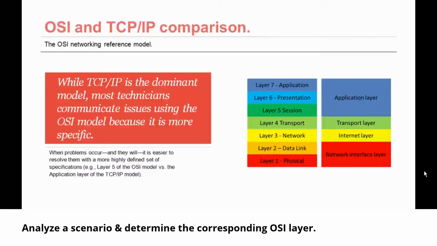When a problem occurs, and believe me, they will, it is easier to resolve them with the more highly defined set of specifications of the OSI model versus the specifications of the TCP IP model. It's easier to resolve an issue at the session layer of the OSI model than it is to track down what went wrong in the application layer of the TCP IP model.